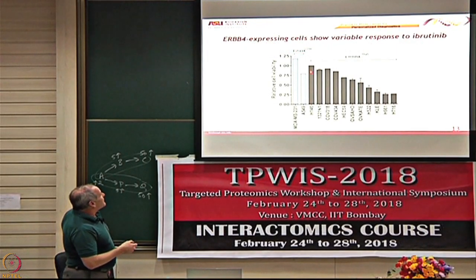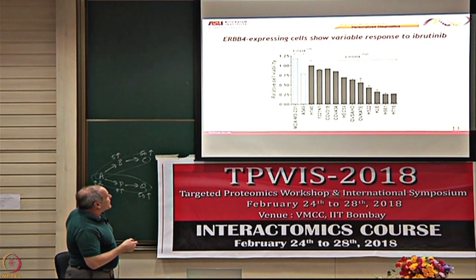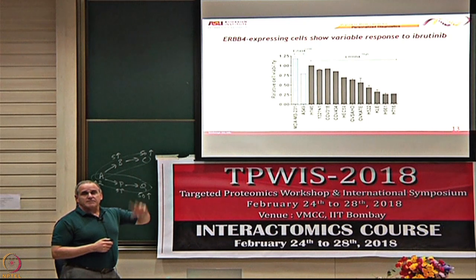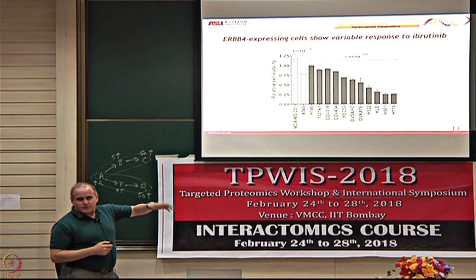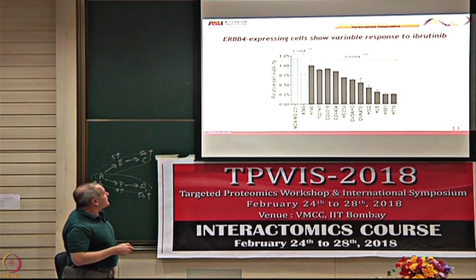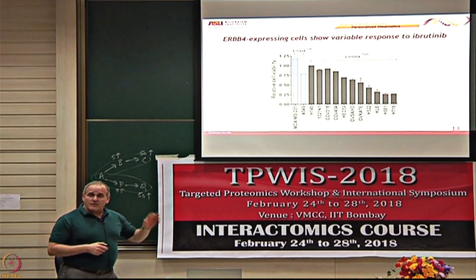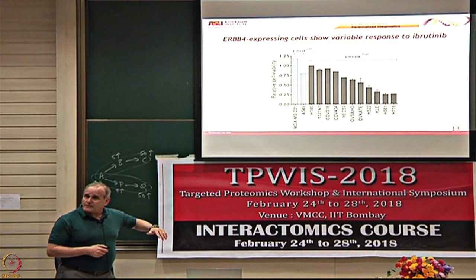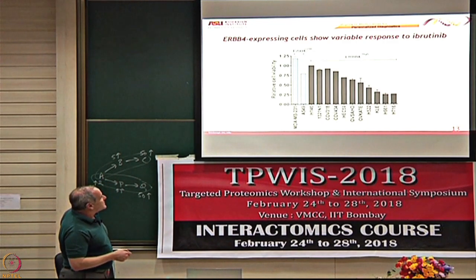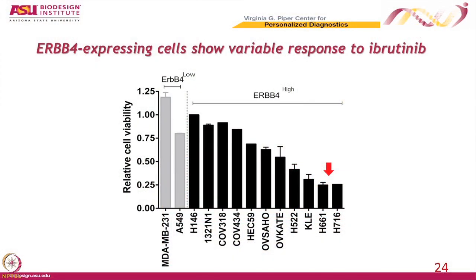So some of them, this is relative, when I say relative cell viability, what that means is cell growth plus minus drug. So if it's 100%, it means that with drug it's the same as without drug. If it's down around 25%, that means that with drug it's inhibited by 75%. And so you can see that some of these cell lines out here were significantly inhibited by ibrutinib, and these guys not so much.